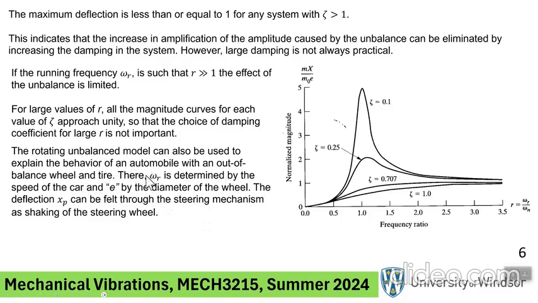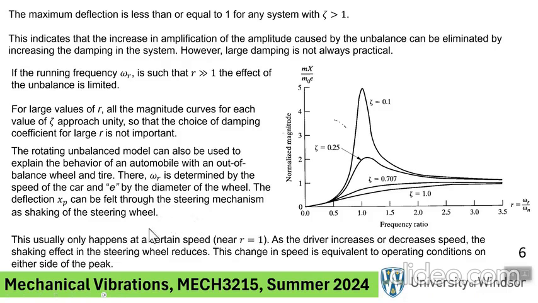Okay, and if there is an unbalance, that unbalance is kind of at the distance e from the center of rotation. That's what we call eccentricity. And the passenger or the driver can feel this rotating unbalance. The fact that the wheel is unbalanced by the shaking of the steering mechanism, or the shaking of the steering wheel. You can see that, for example, the wheel is really, really shaking in your hand. Okay.